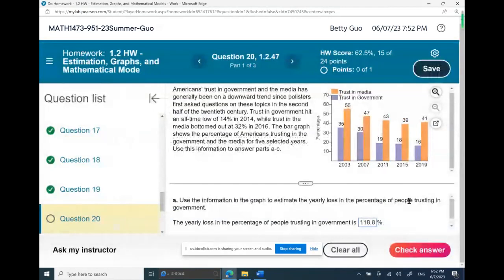Oops, what happened? Yearly loss in percentage of people trusting in government. 35 minus 16 is 19, divided by 16. It'll be 1.20 if you round it to the tenth.